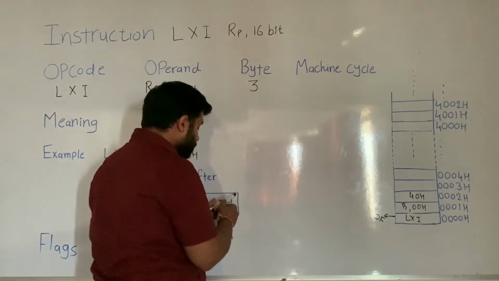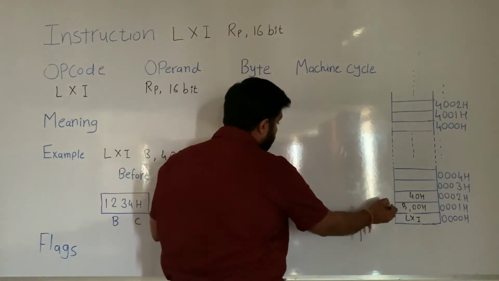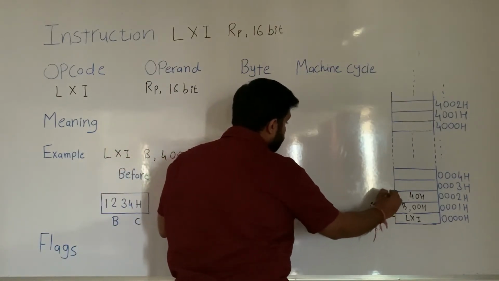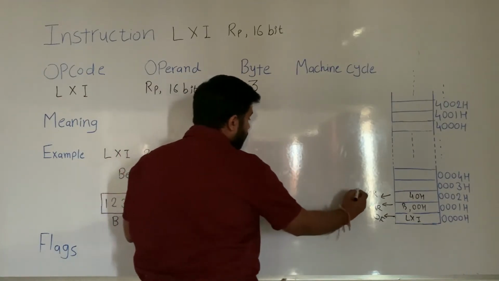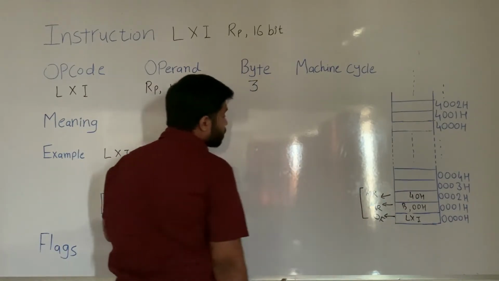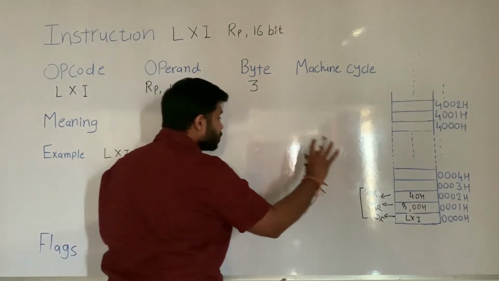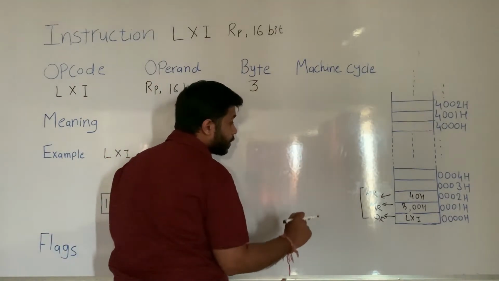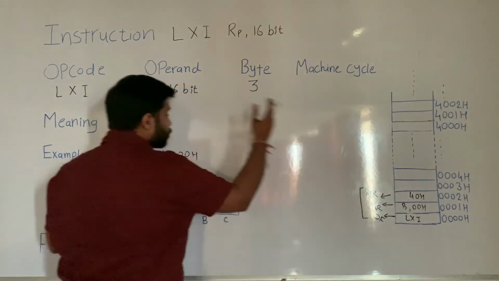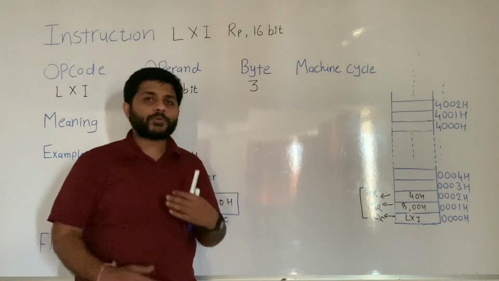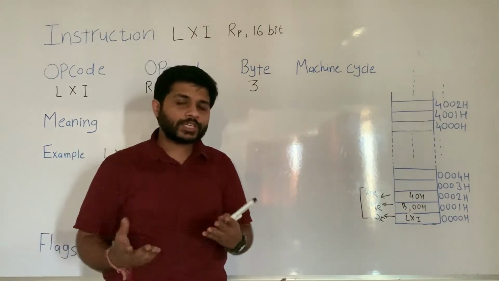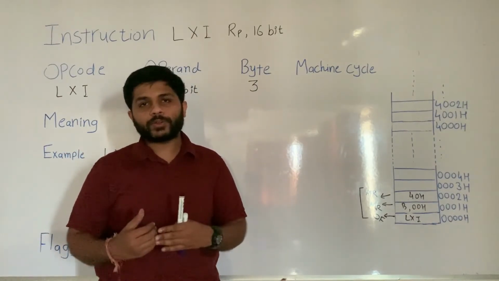After opcode fetch, the microprocessor has to perform a memory read, and one more time a memory read has to be performed. So when opcode fetch, memory read and memory read are performed, the whole instruction is transferred from the memory to the microprocessor. After this, the processor will decode and execute the instruction.